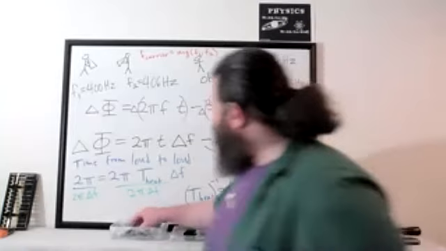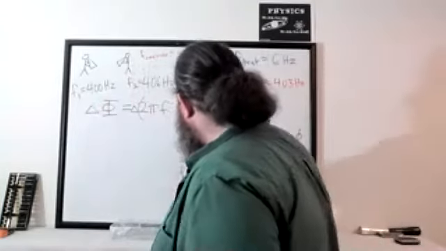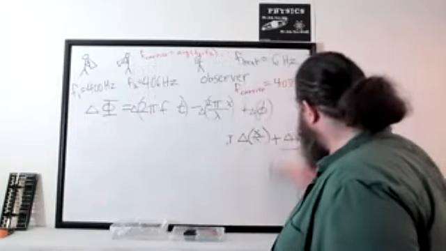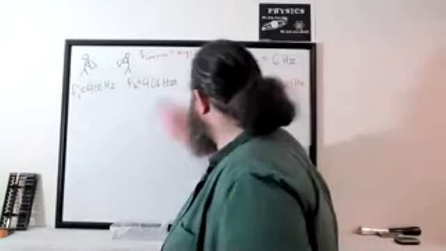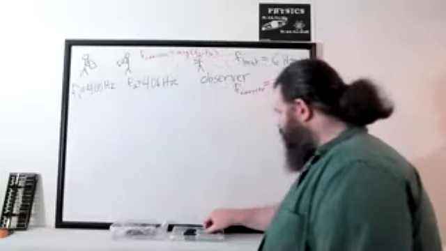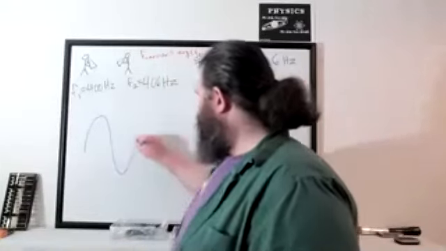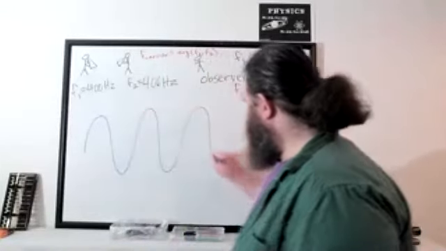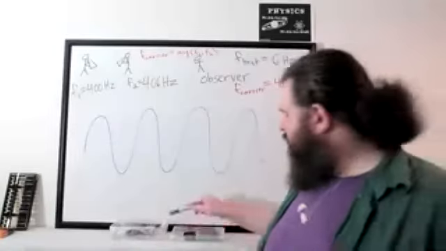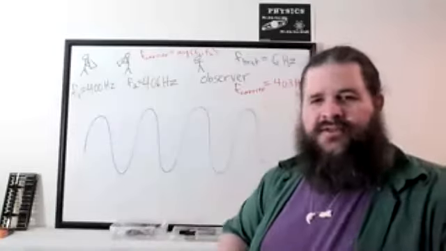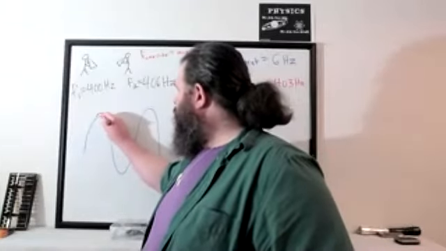And let's take a quick look at what that would look like as a graph. If you have a wave and you want to add in another wave to get interference, let's say they both start off at a peak together.